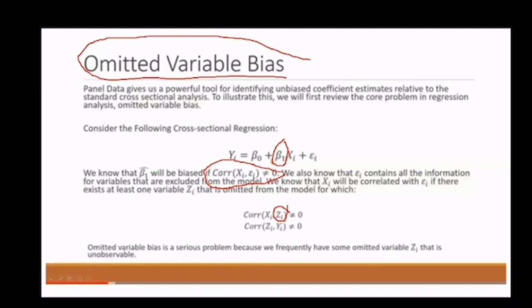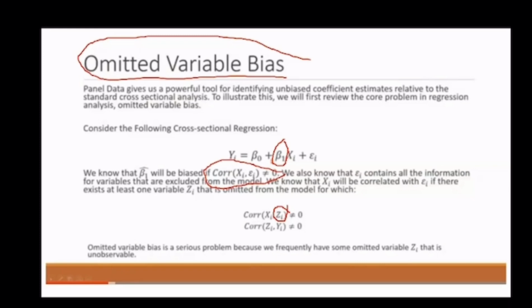So which means for beta one to be unbiased, we basically want a situation where the correlation between the observed variable and the unobserved one should be equal to zero. Because when the correlation is equal to zero, it means they don't have a relationship. But in the case of a panel, it is not going to be equal to zero.